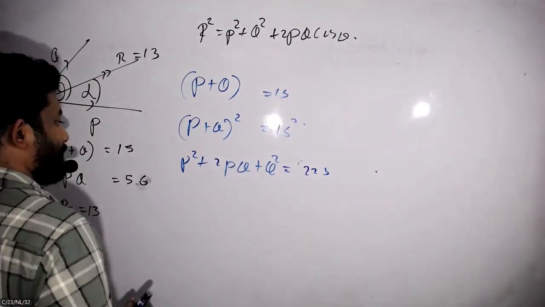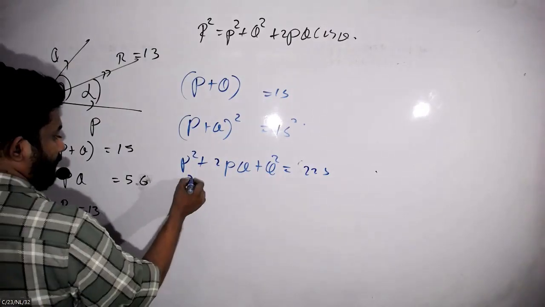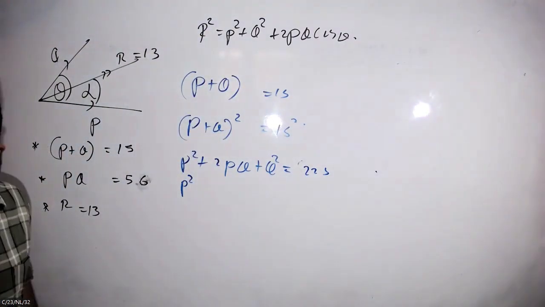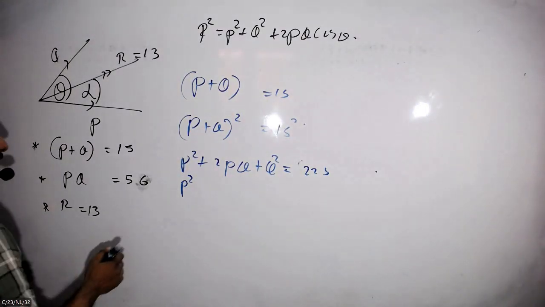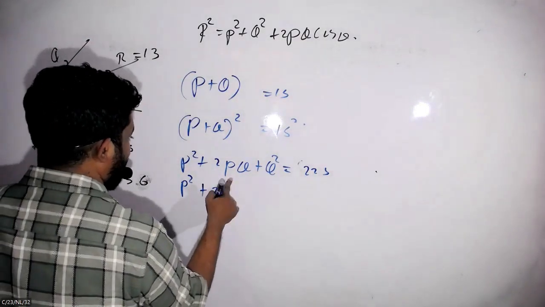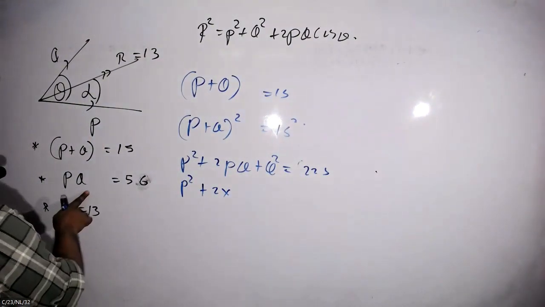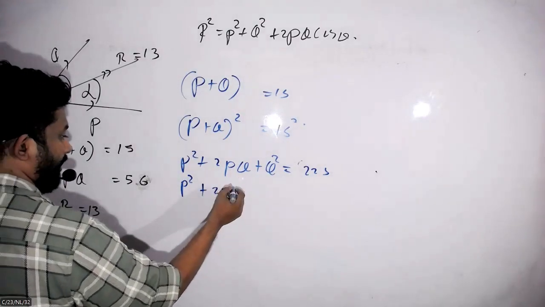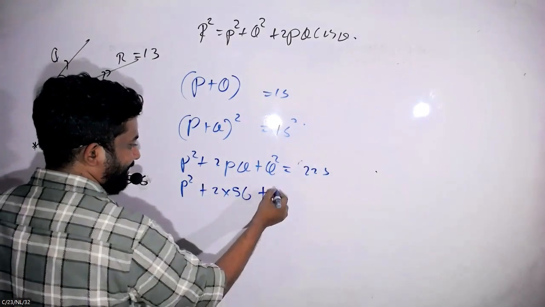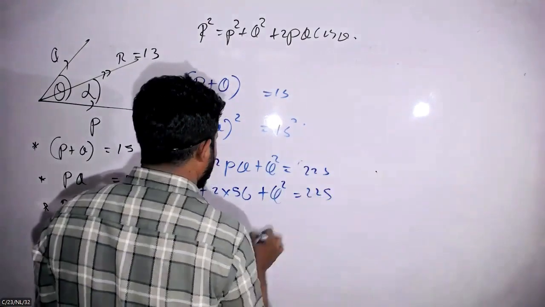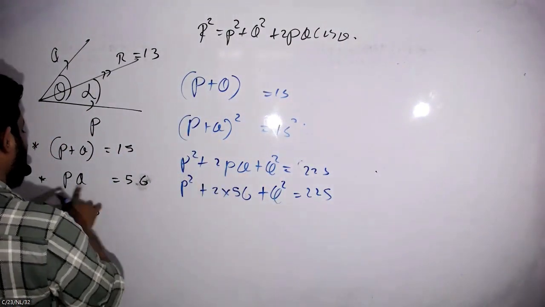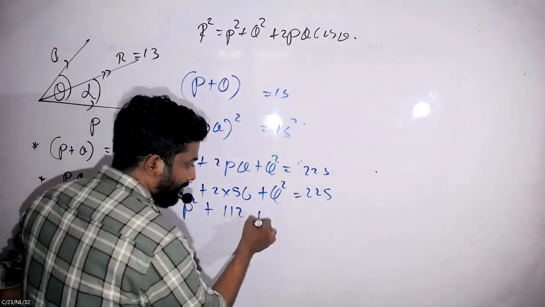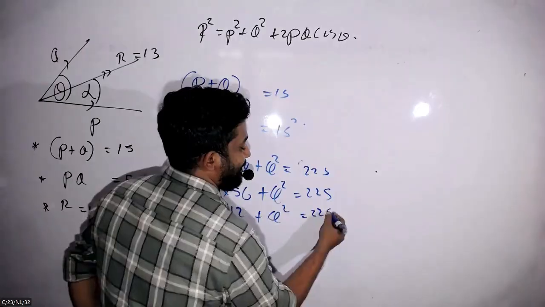Then you can substitute. You need to find the magnitude of P squared plus Q squared. To find P squared plus Q squared, you can substitute 56 instead of P into Q. This multiplication, PQ multiplication, is 56. Then P squared plus Q squared plus 112 is equal to 225. The value of PQ is given, 56.